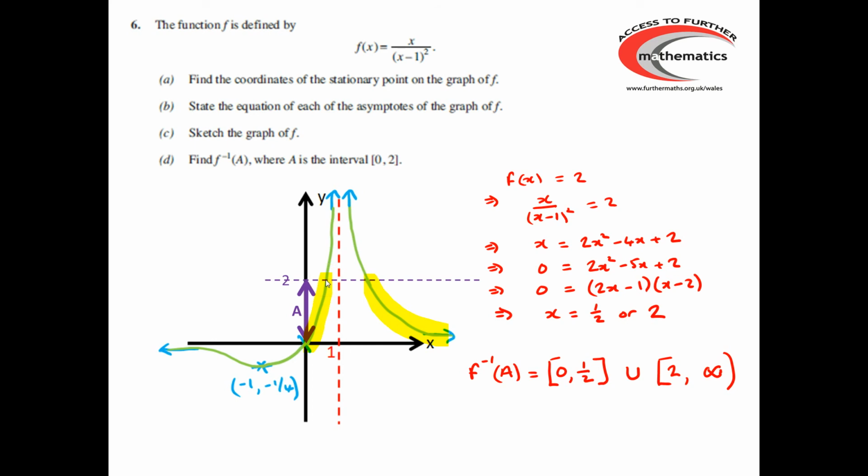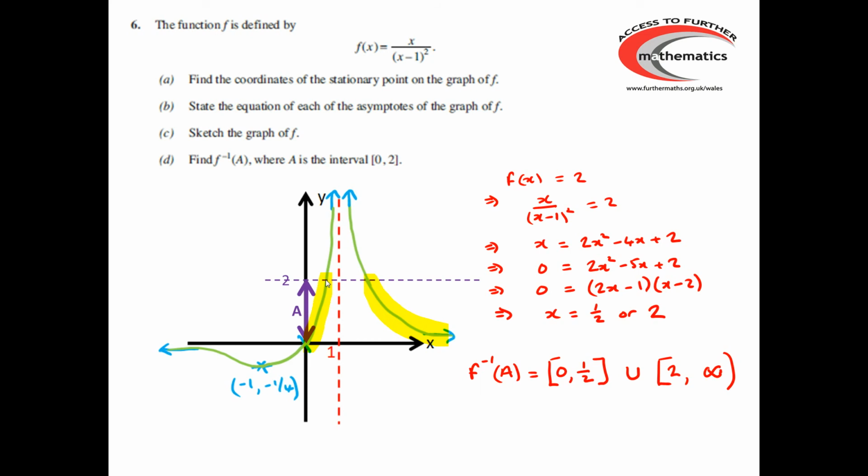So a look at the mark scheme shows that for part A there are 2 marks for using the quotient rule to find f dash x, and then another 2 marks for finding the position of the stationary point. There are 2 marks for part B for finding the equation of each of the 2 asymptotes of the graph.